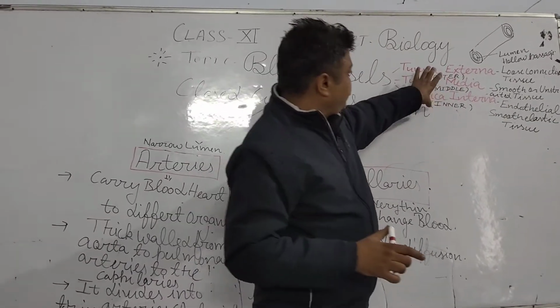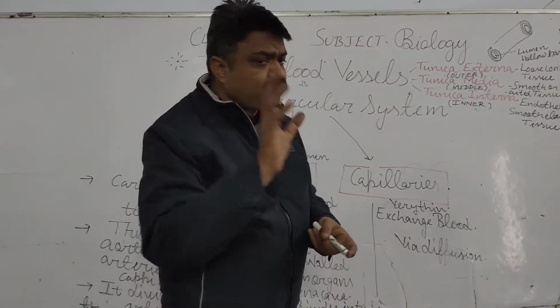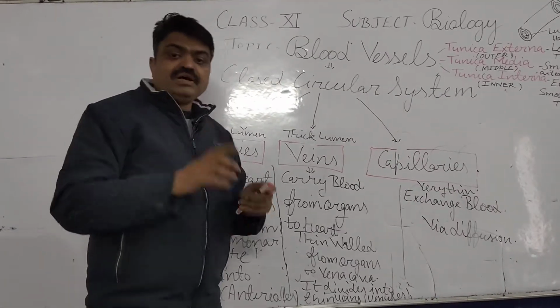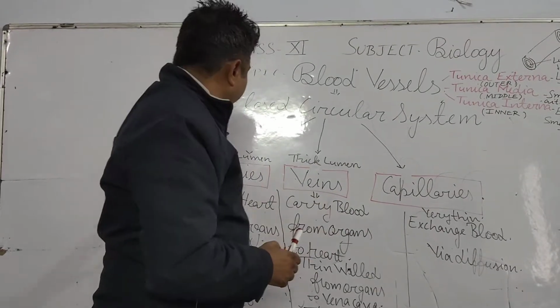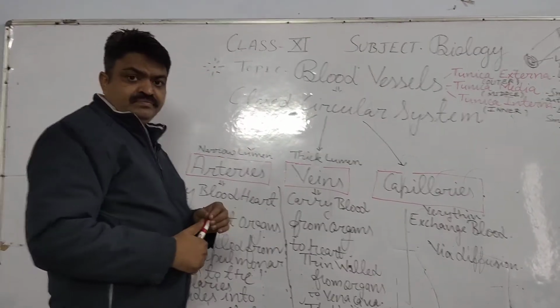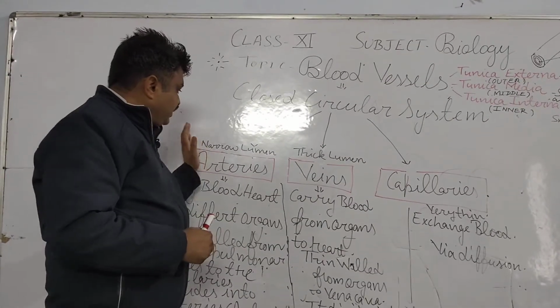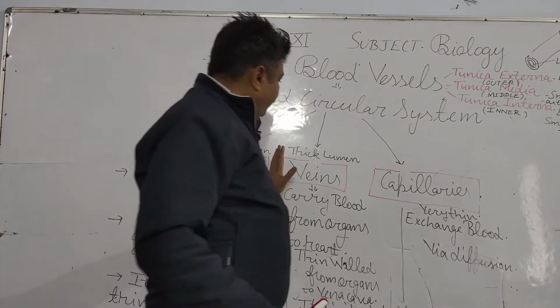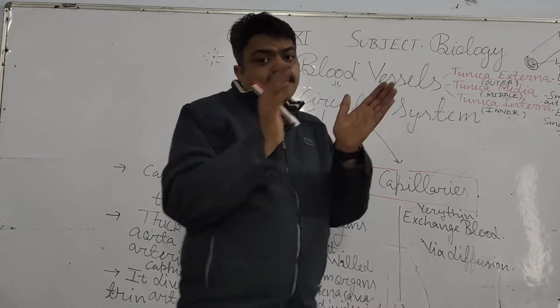Now these layers help in maintaining the pressure, student. As you know, the arteries have the pure or oxygenated blood and the food, that's why they have high pressure. And for having the high pressure, the narrow lumen helps. And the veins have the broad lumen.